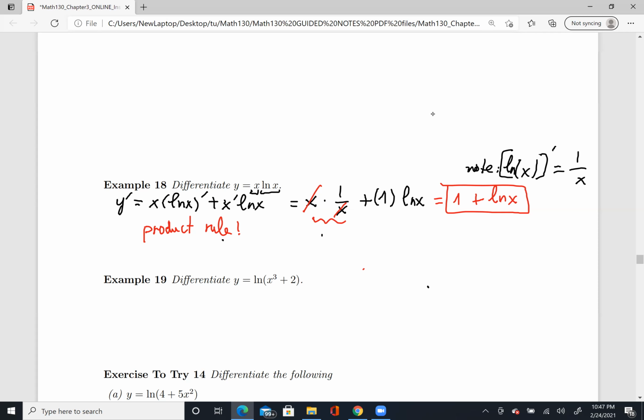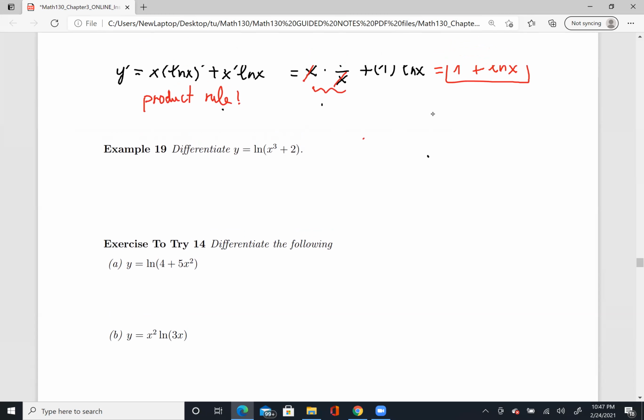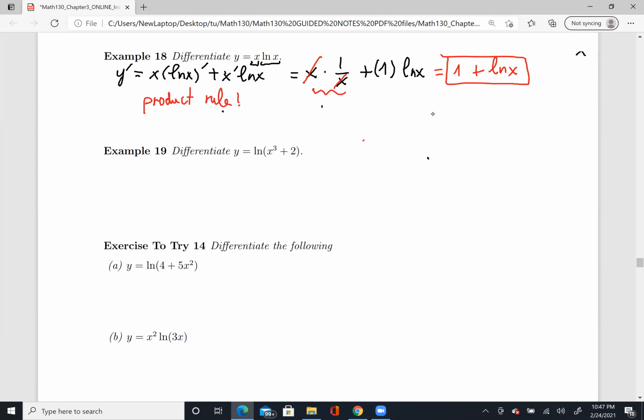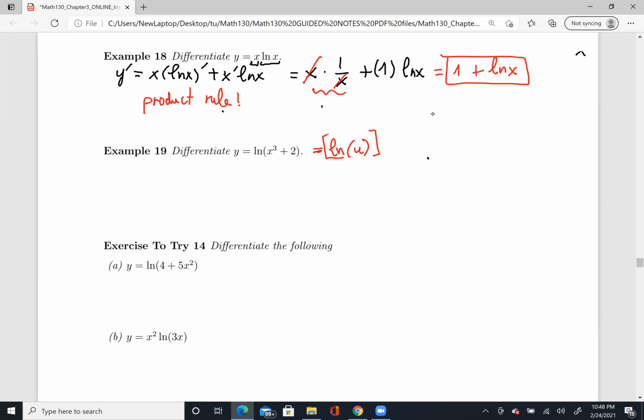Example 19, if I want to differentiate y equal to ln of x cubed plus 2, okay. So this looks like I have to take the derivative of ln of a function of x. So I can rewrite the function as u.